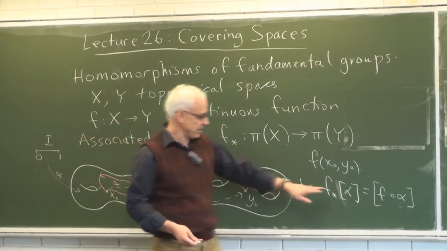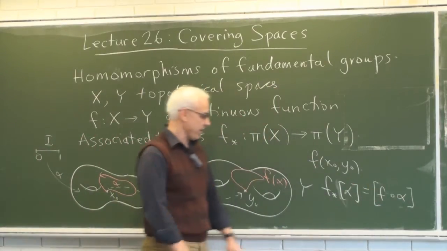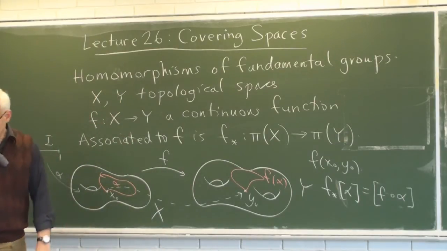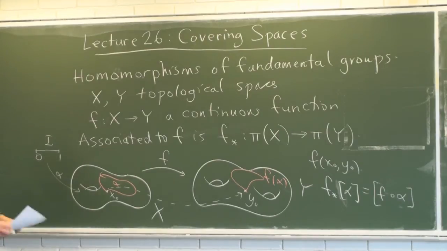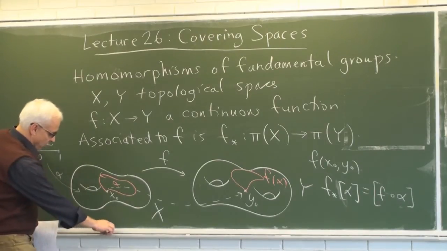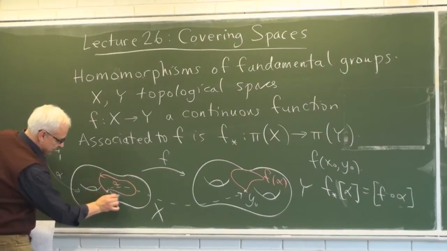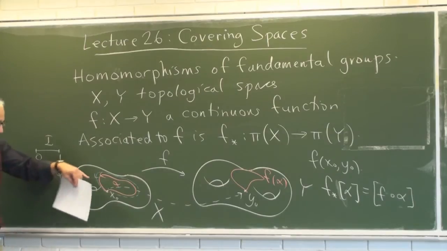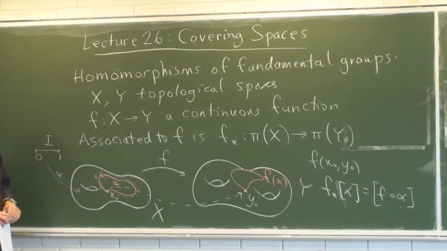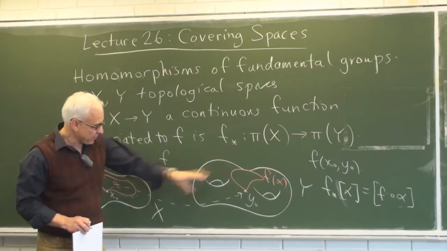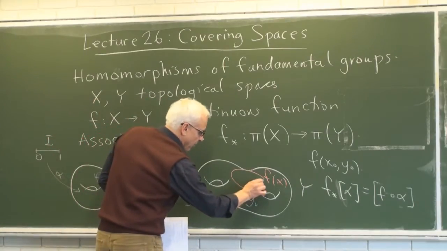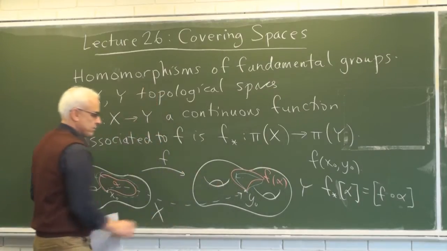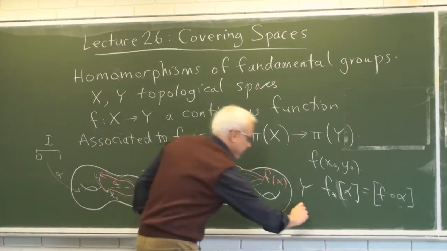So that's taking loops in X to loops in Y. Okay, this is a well-defined map. It turns out if you have a homotopy of loops, so if we change alpha to some neighboring alpha prime smoothly, continuously, then we can just transfer that homotopy to a homotopy over here to the corresponding image under f. So this is well defined.